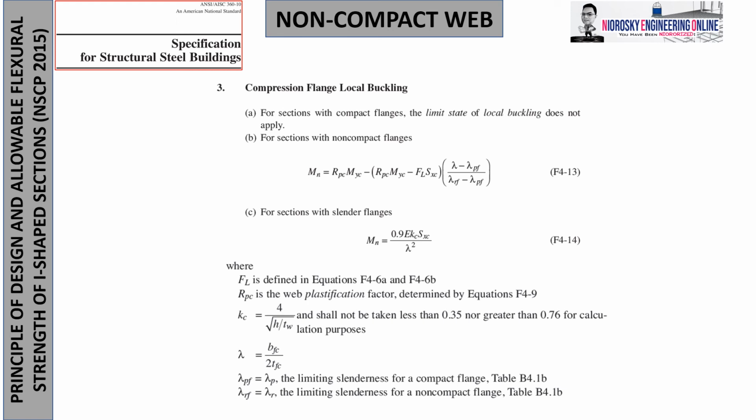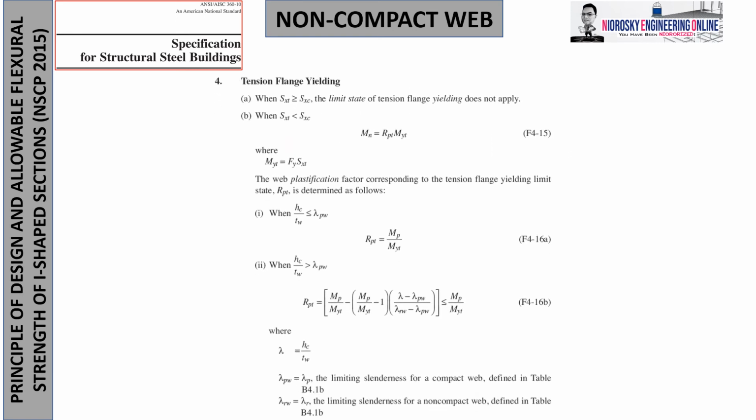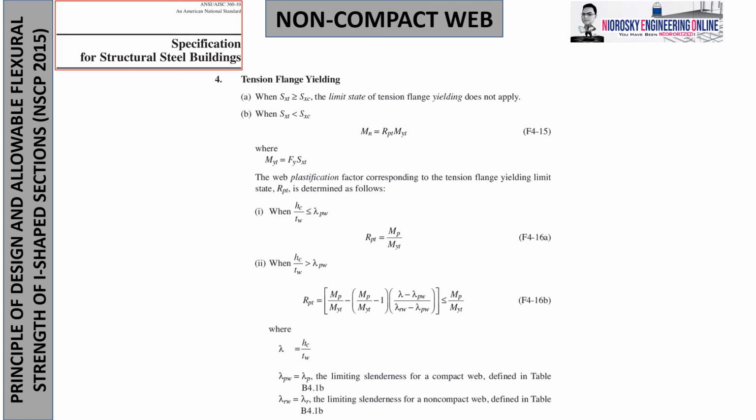So, dinescribe naman yan na maayos kung paano natin kino-compute yan. Also, number 4, the last criterion for non-compact web. So, clearly stated naman kung paano i-compute based on this, if A or B or C yung nag-satisfy. Or A or B, I mean.